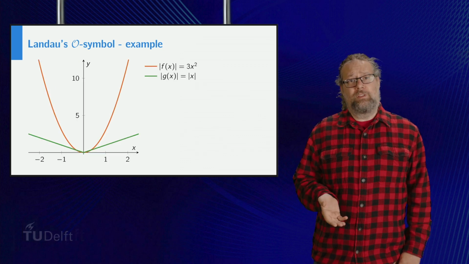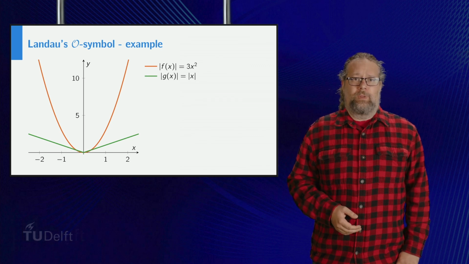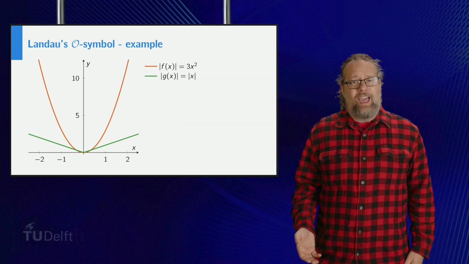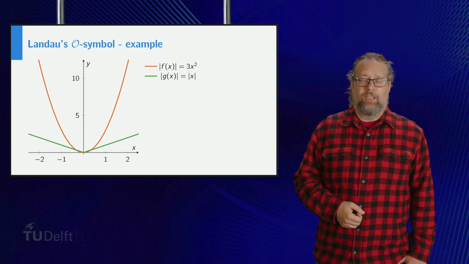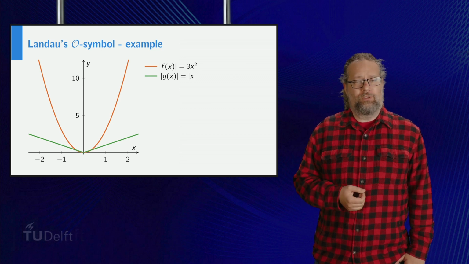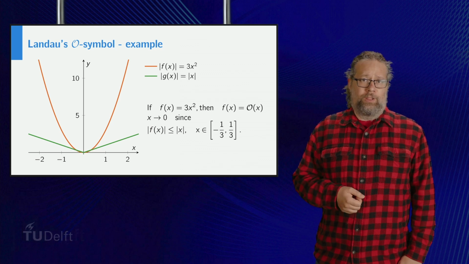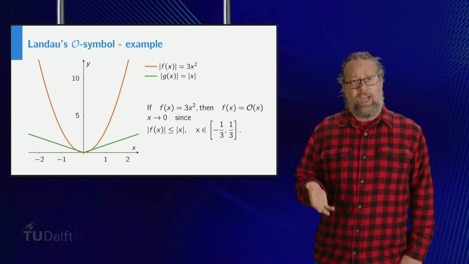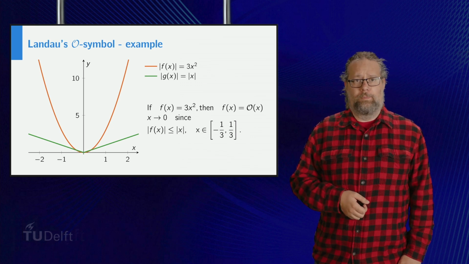Now let's change the function f of x to a function represented by a polynomial. In this case, f of x is 3 times x squared. We can see that f, in absolute value, is less than the absolute value of x on a certain interval. If we compute this interval, we can see that 3 times x squared is order of x for x in the interval minus 1/3, 1/3.